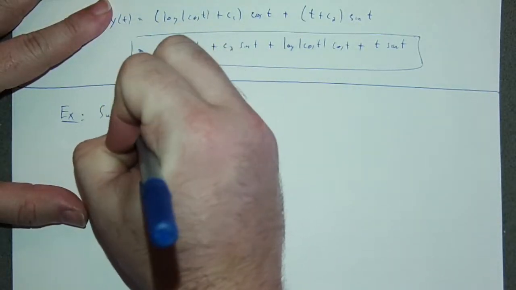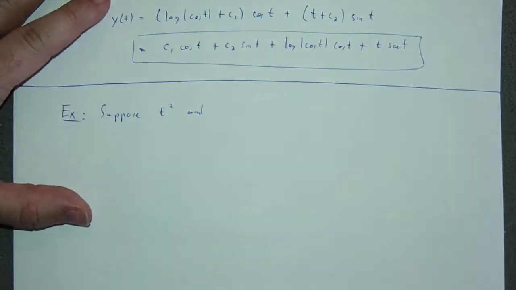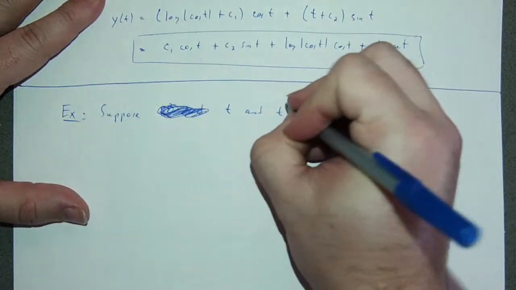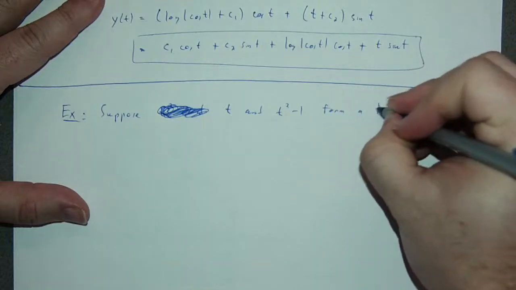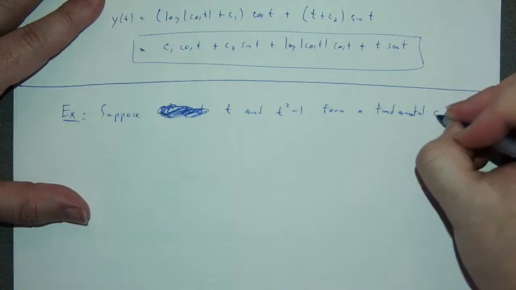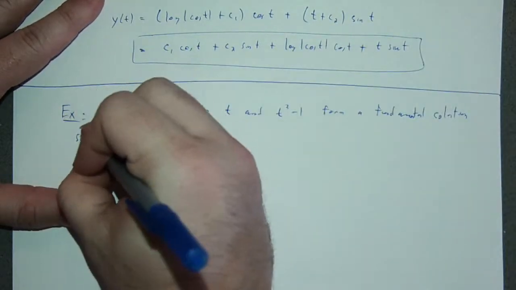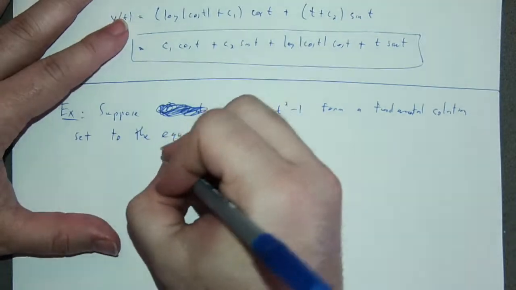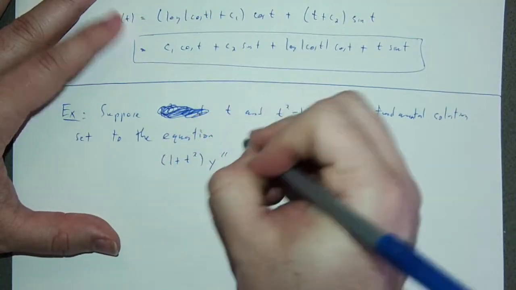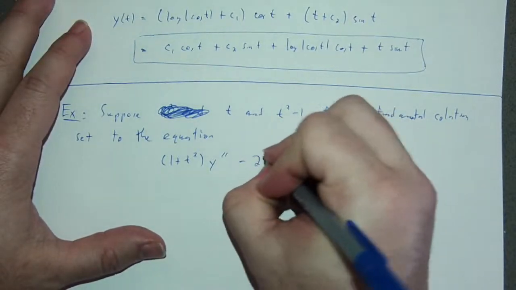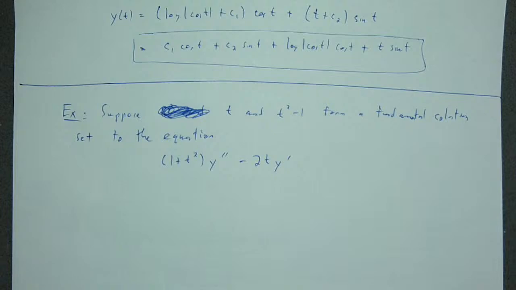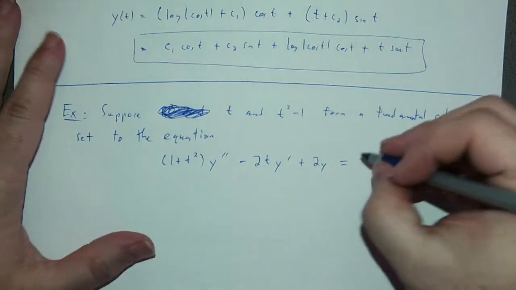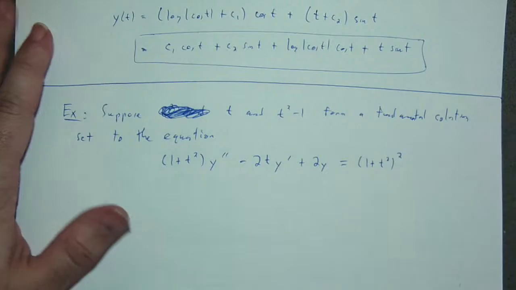Suppose t and t squared minus 1 form a fundamental solution set to the equation 1 plus t squared times y double prime minus 2t times y prime plus 2 times y is equal to 1 plus t squared squared e to the t.